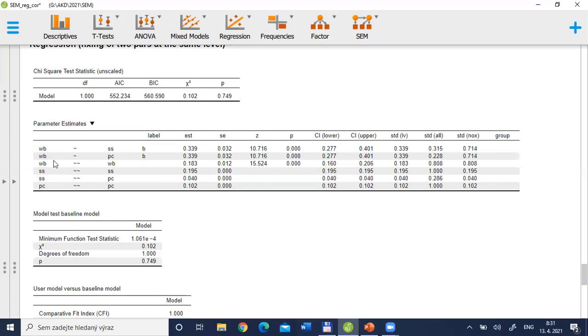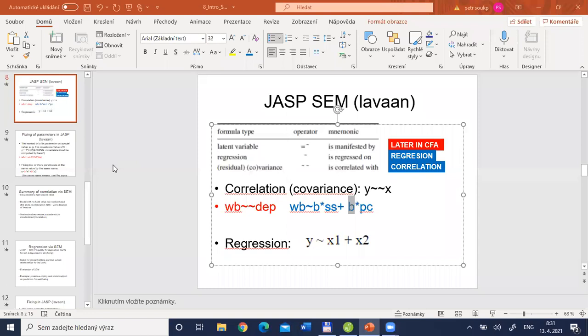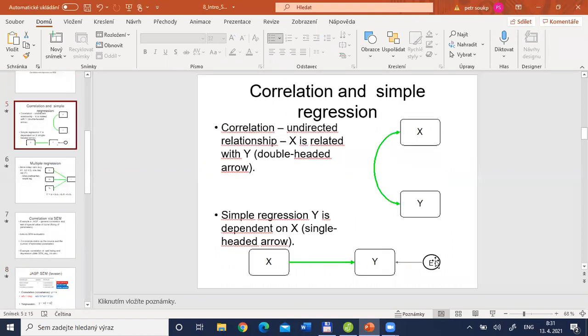But I can also evaluate other parts of the model. Maybe it would be quite good to discuss briefly the meaning of this well-being double tilde well-being. If I go back two pictures in our current presentation, to our regression case, we know that for every dependent variable, there is some random error.